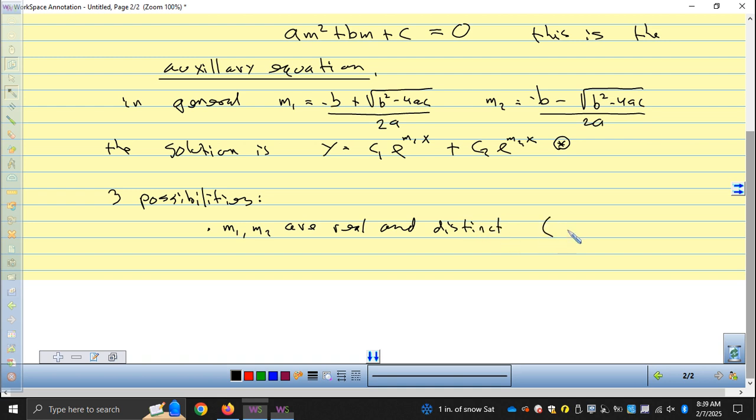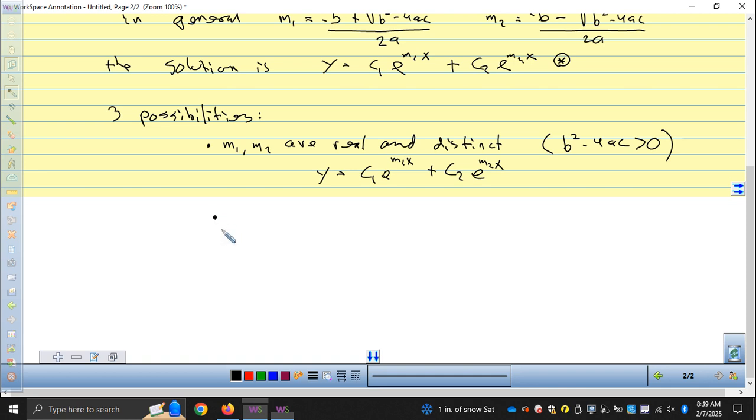That occurs when b squared minus 4ac is greater than 0. In the case where m1 and m2 are real and distinct, then our general solution is y equals c1 e to the m1x plus c2 e to the m2x.